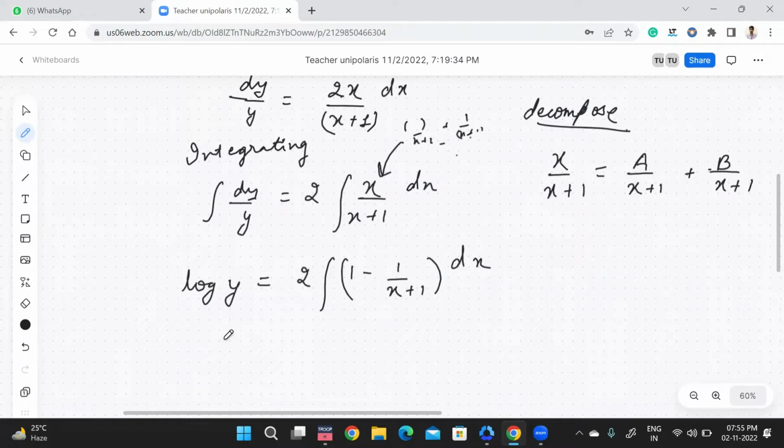Then you took the LCM of x plus 1 and did some arithmetic on the numerator, and got x over x plus 1. So we are going to unfold it, writing it like it was before. We assume that the first numerator was a and the second numerator was b. So we can write it as a plus b over x plus 1 to get x over x plus 1.